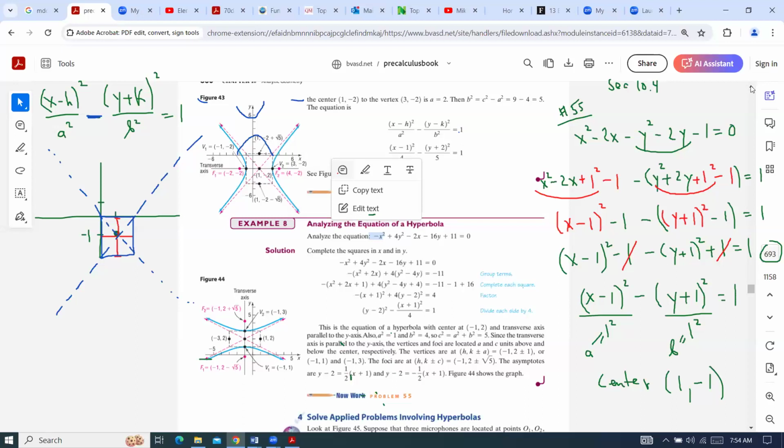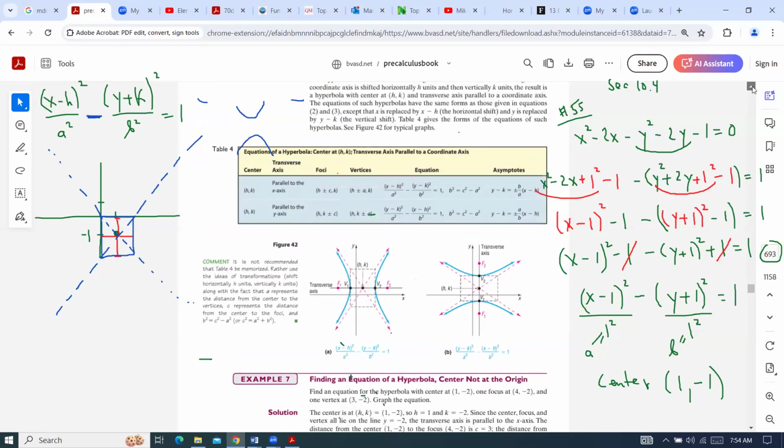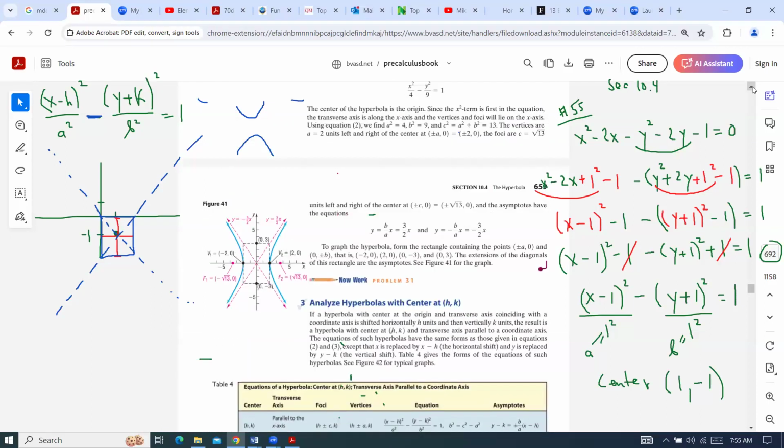But if it's positive in front of x squared, like the one we have here, positive in front of x squared, then the hyperbola is on the left and on the right. So what we do is put left and right. So it depends if x squared is positive or not. Because notice that your term with x squared may be negative.